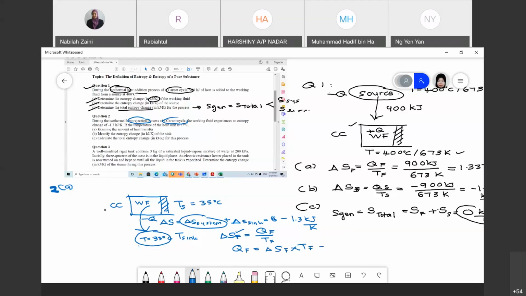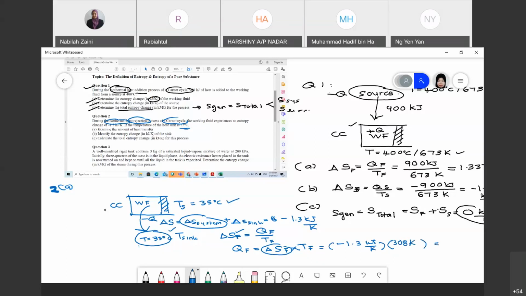Since it is a rejection process, it came from the working fluid or system, so use negative 1.3 kilojoule per Kelvin times the temperature of the system. Since this is an isothermal process, the temperature at the sink is also the same as the temperature at the system. Convert to Kelvin, you get 308 Kelvin.